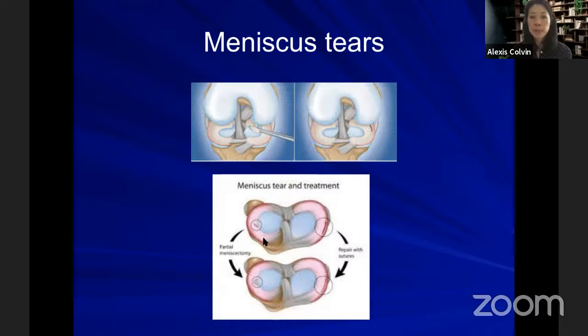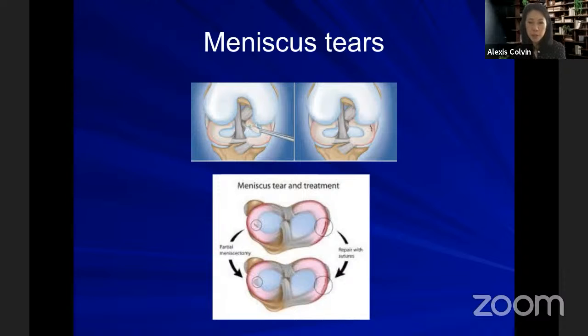And there's two general types of surgeries that we do for the meniscus. So when you tear it, you can either clip out the torn area, so the top left picture or the left side of the bottom picture. That's one where they just kind of clipped out the tear. And then on the right side of the top picture and on the bottom picture, that's one where the meniscus tear is actually sewn together.